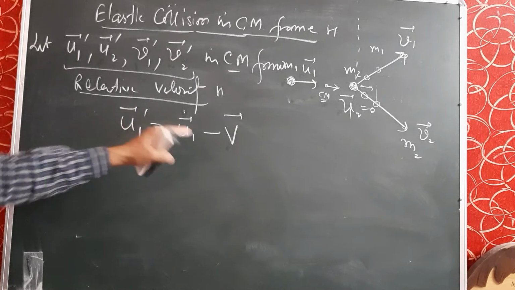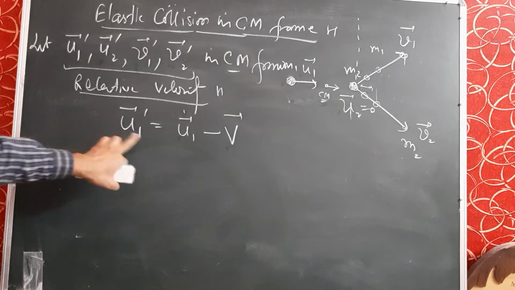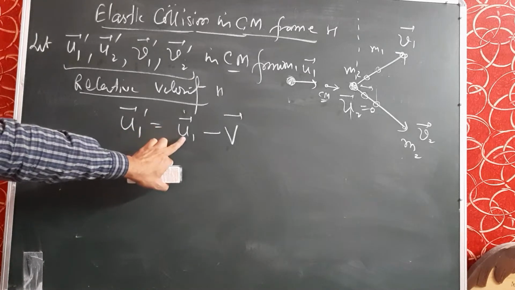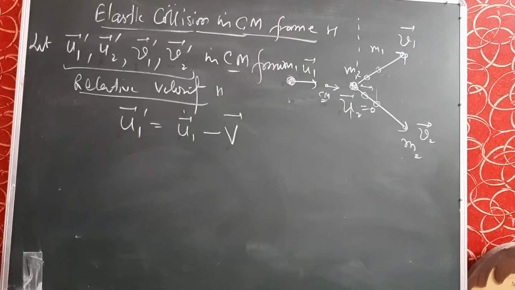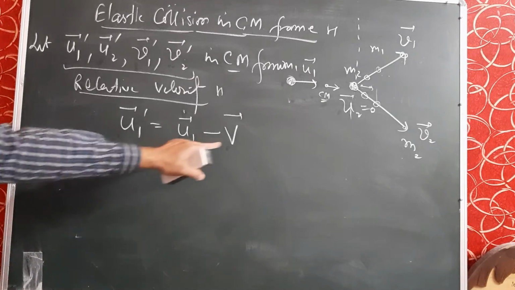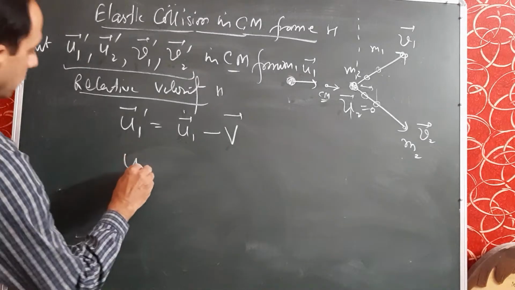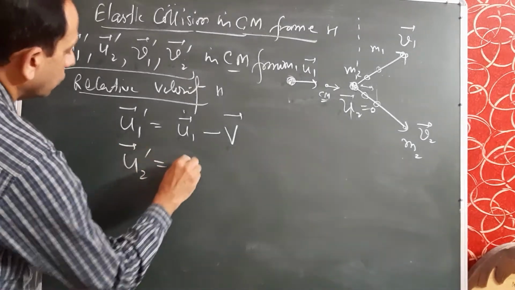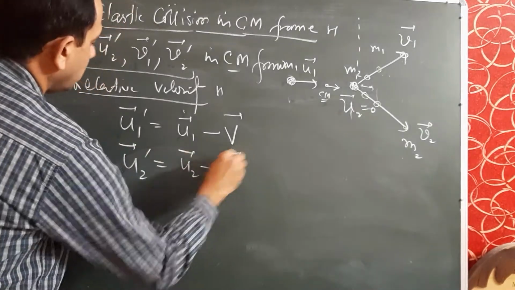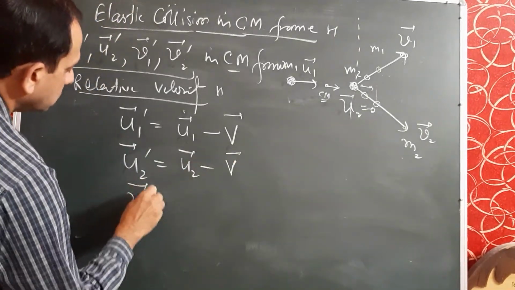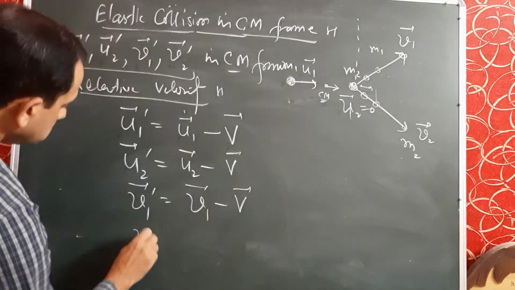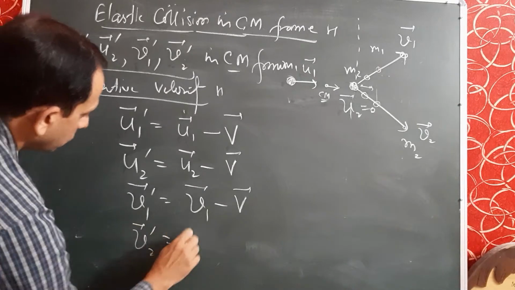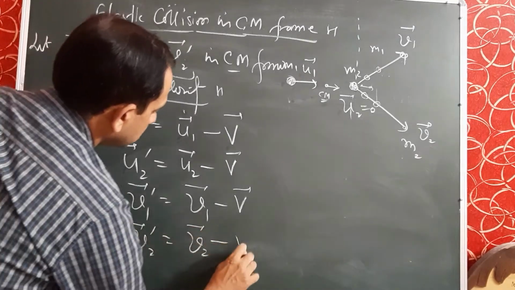So this is the equation which correlates the velocities of the first particle in the lab frame as well as in the center of mass frame with respect to the velocity of the center of mass itself. So this is the first equation. Similarly, u2 dash is equal to u2 minus v, v1 dash is equal to v1 minus v, and v2 dash is equal to v2 minus v.